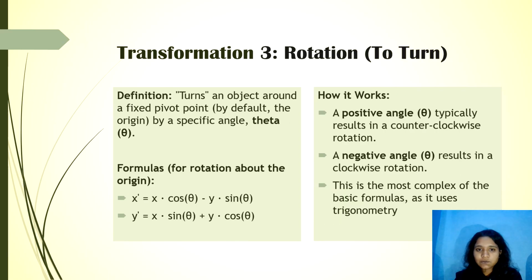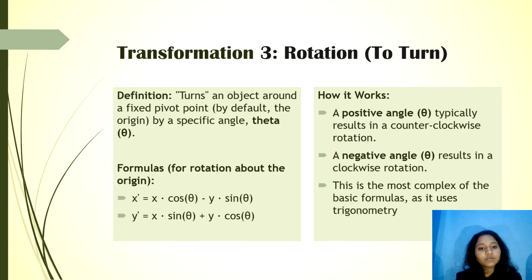Let's move to the next transformation, that is rotation, to turn. The common definition for rotation is that it turns an object around a fixed pivot point, by default the origin, by a specific angle theta.